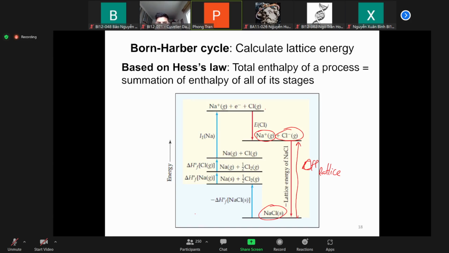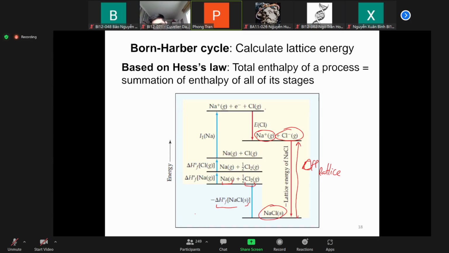So in a closed system, the total energy of a closed cycle will be equal to 0. Take sodium chloride solid, you can separate it into sodium solid and chloride gas. So you have the energy of formation of sodium chloride solid.